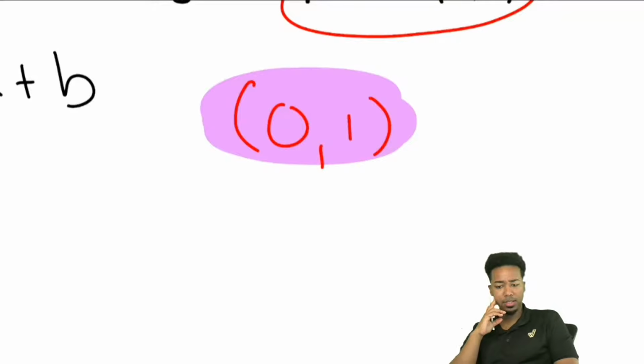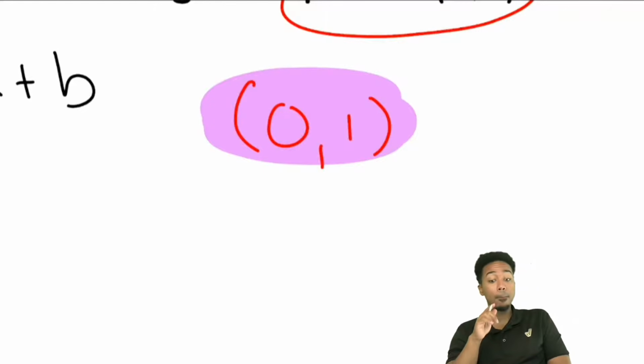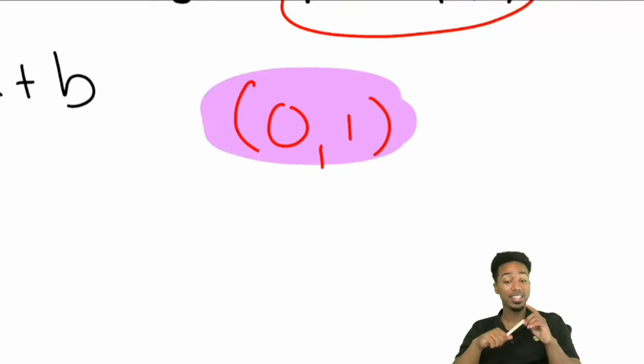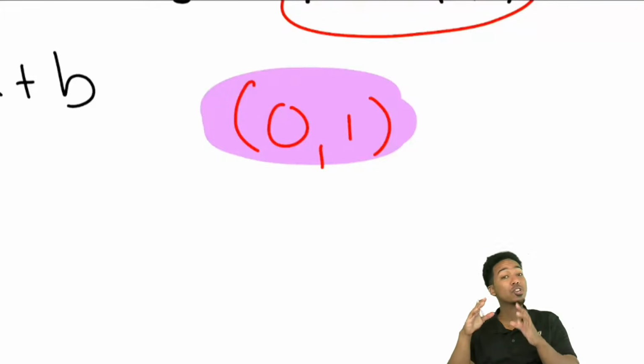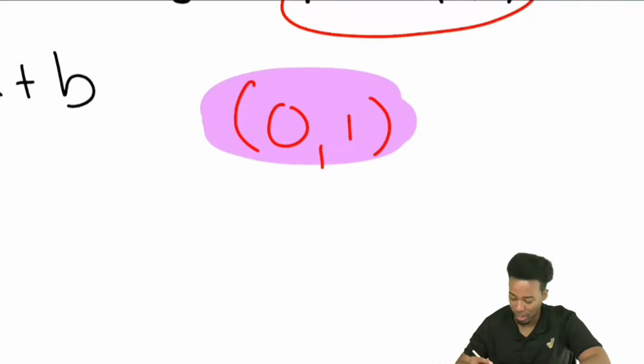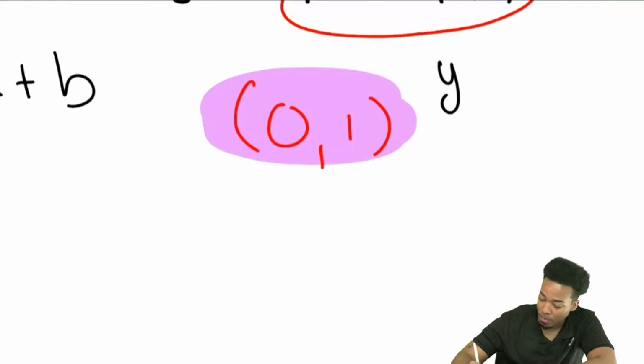No, 1 is not the slope. Good try. B is 1. The B, yes, exactly. Very close. When you have a 0 for the X, that's the y-intercept. And the y-intercept is the b, where you have y equals mx plus b.